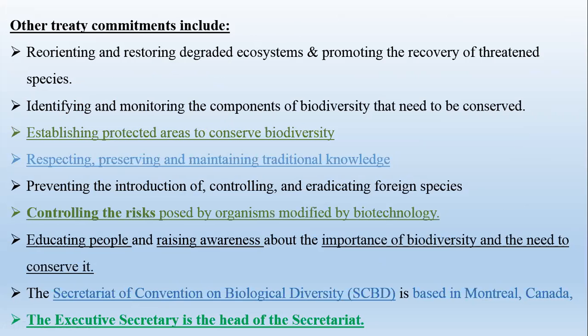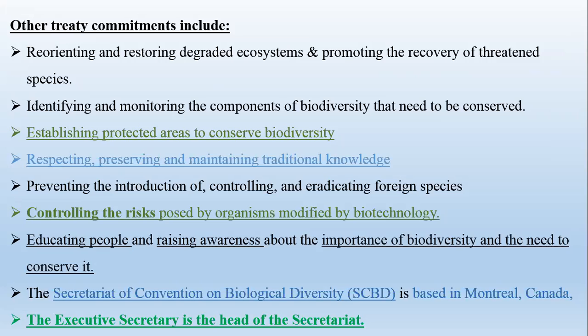Sometimes some biodiversity located nearby a city, and that particular area can be used for urban development. So this is dangerous to that ecosystem and biodiversity. So in these particular cases, we should not harm that ecosystem. So that's restoring degraded ecosystems and promoting the recovery of threatened species.